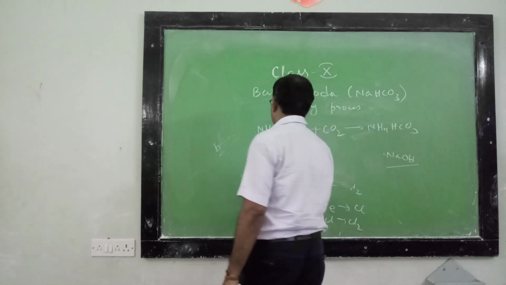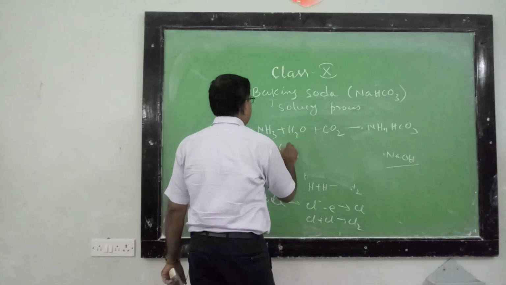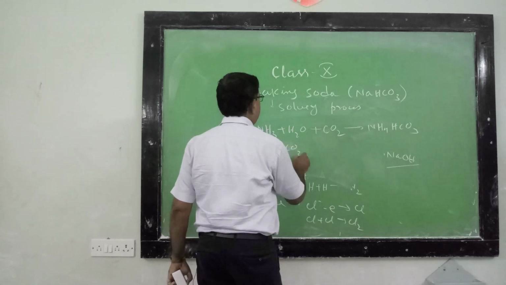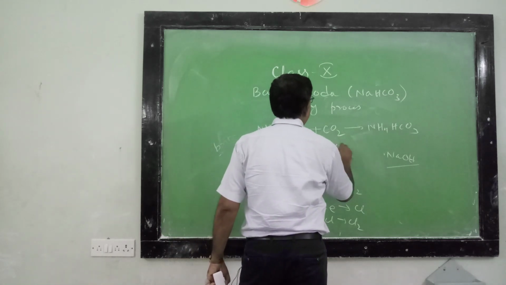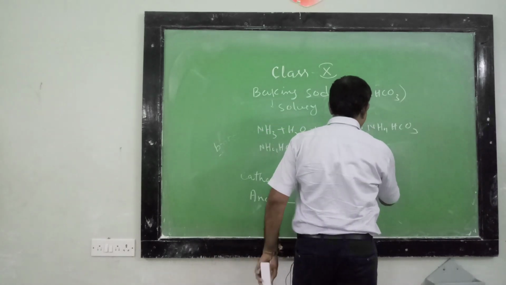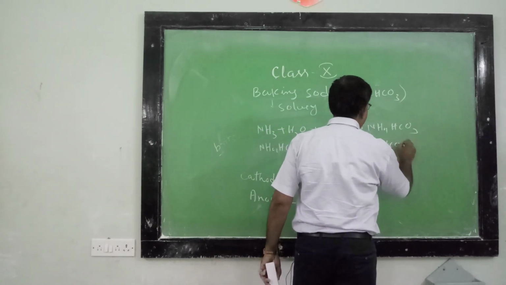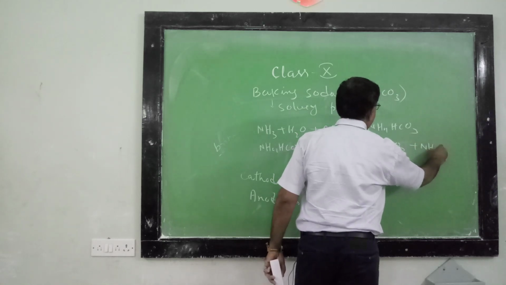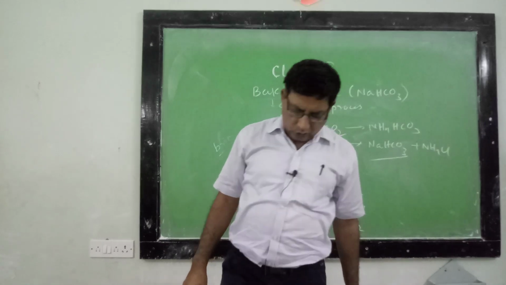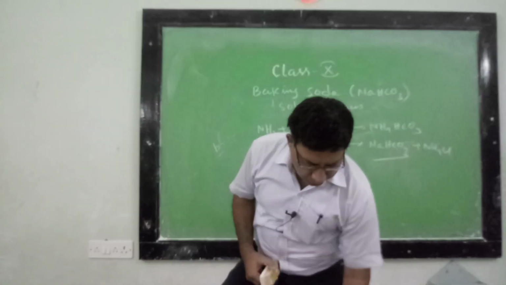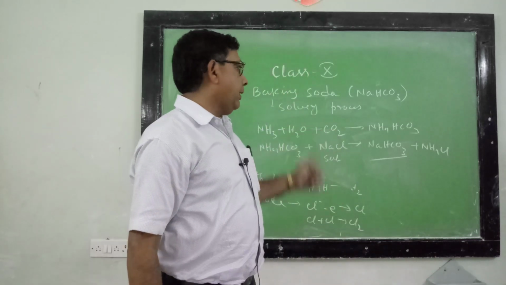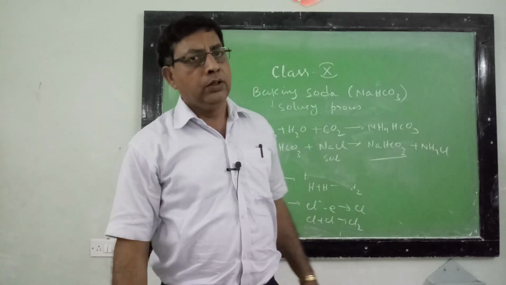Ammonium bicarbonate. To this ammonium bicarbonate solution, we add sodium chloride solution. Then we get sodium bicarbonate plus ammonium chloride. This sodium bicarbonate, being less soluble in water, precipitates out. This is known as baking soda.